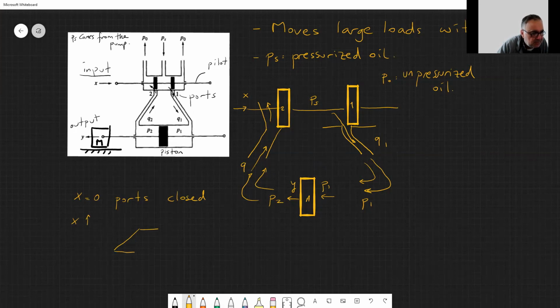If this is the port in 3 dimensions, if you move it like X here, this is the X motion, okay? There is the piston at the top of it. You open this an amount of X, and the fluid goes through here, flow of Q, let's say.